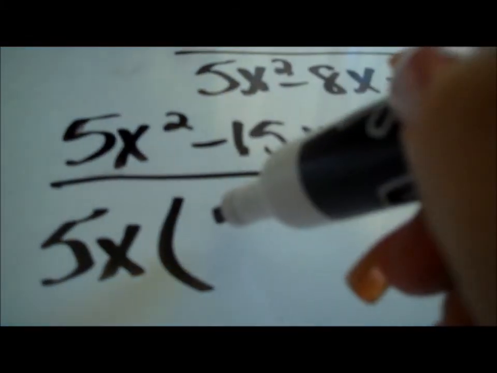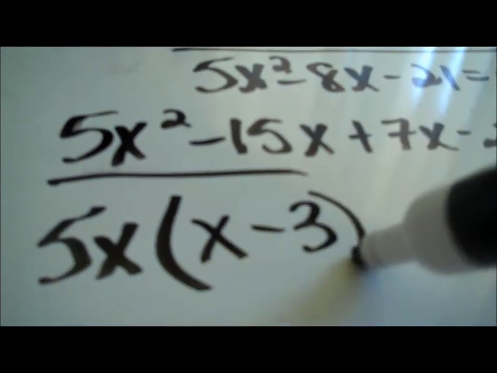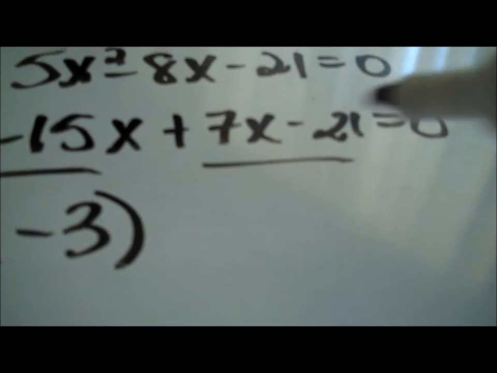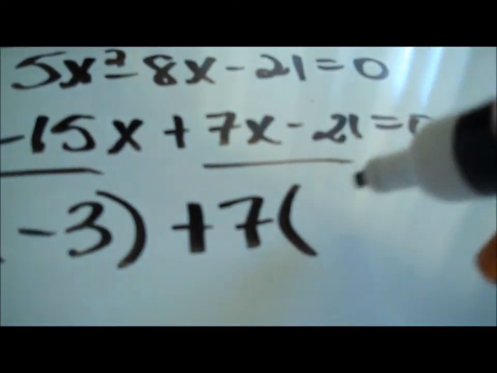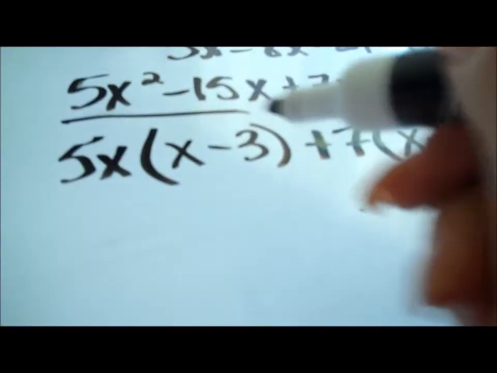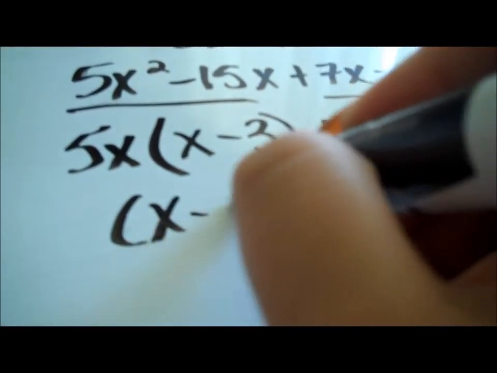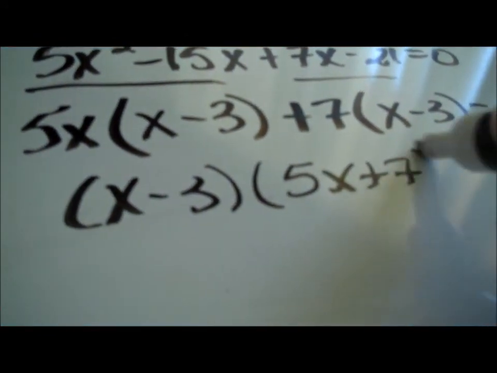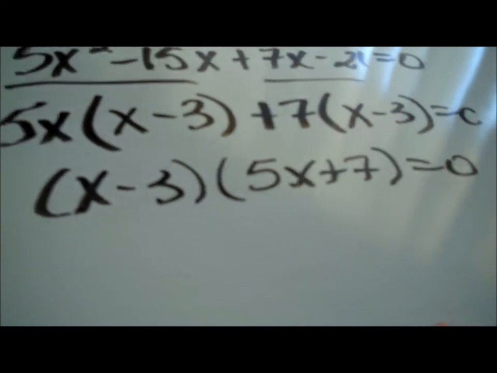GCF is 5x, so I'm going to pull out a 5x, which leaves me with x minus 3. Going to come over to my second grouping, factor out a positive 7, and I get x minus 3 on that. I'm going to continue by factoring out x minus 3, and my leftovers are 5x plus 7 equals 0.